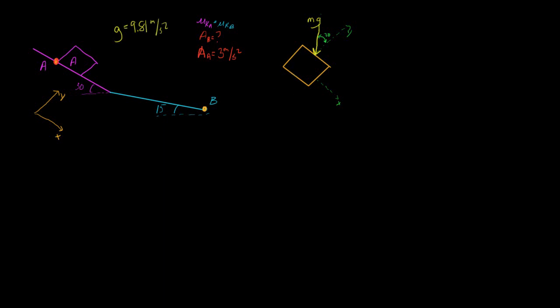We're also going to have this normal force that acts perpendicular to the surface because it's on this inclined surface. This normal force we're going to call N sub A. Another force we have to account for is this frictional force. As the box is going down the surface, it has some friction, and friction points against the direction of motion.